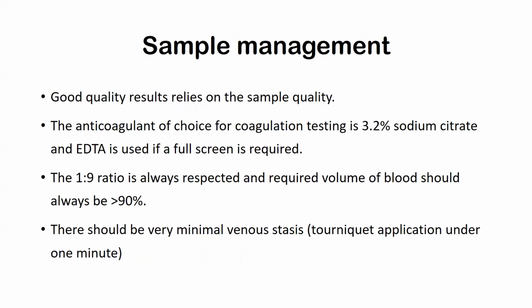Sample management. Once you get the sample, good quality results will always depend on the quality of the sample. The anticoagulant of choice is basically the 3.2% sodium citrate, and an EDTA is used for a full screen. For EDTA, we do for hemogram and the PBF. However, on the sodium citrate vacutainer, there is a ratio we have to maintain where it's 1:9 ratio, where one part is the anticoagulant and 9 parts of the blood.